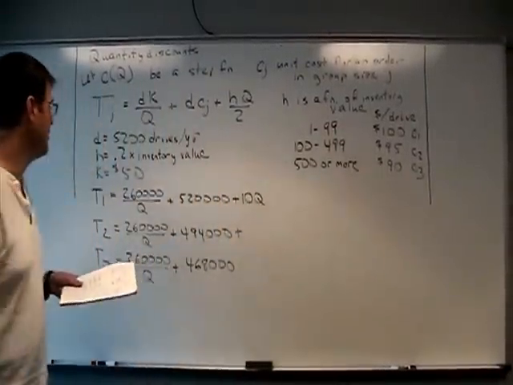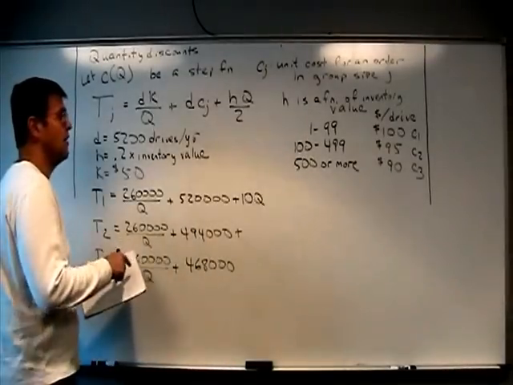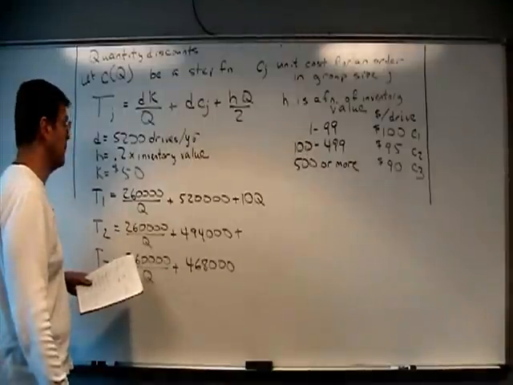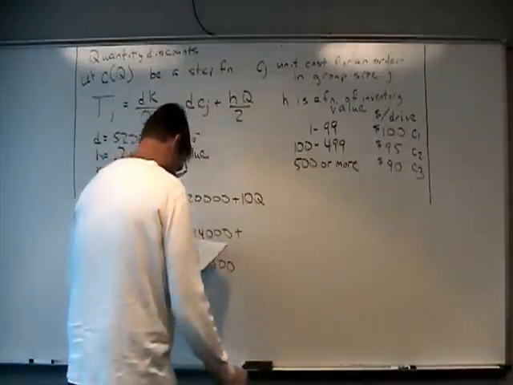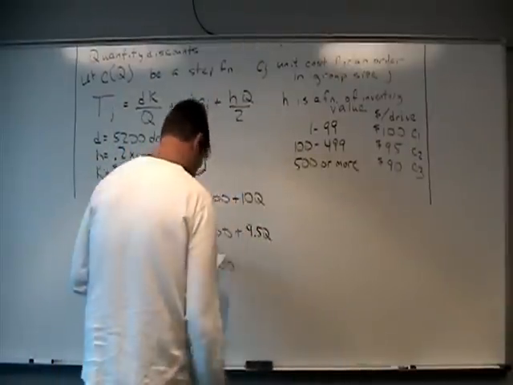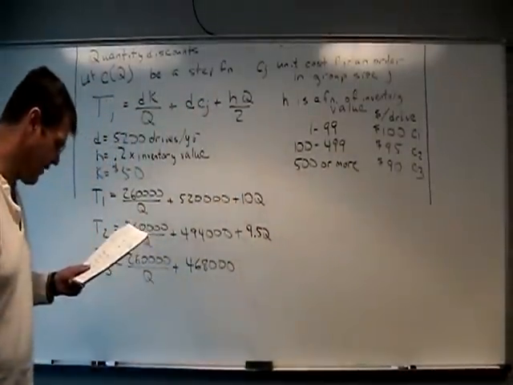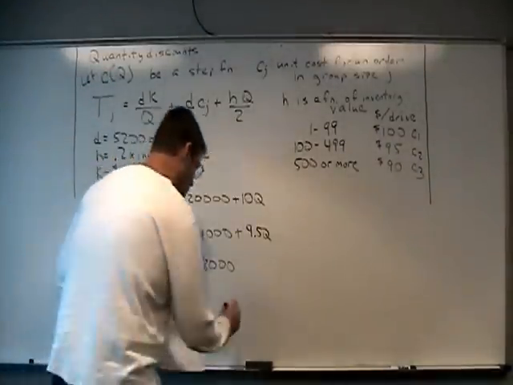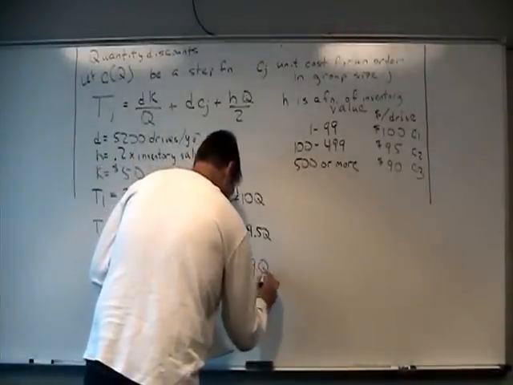In the second case, instead of 20 up here, it's going to be 19. That's 20% of 95. So this is going to be 9.5Q. And then lastly, when it's $90 a drive, this is going to work out to be 9Q.